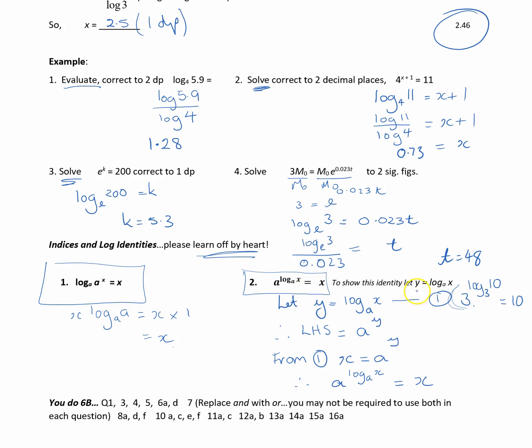The proof of it is not important. It just says to show it. A little technique, and you'd have to know to do this, is to let the index be called y. So your left-hand side becomes a to the y.